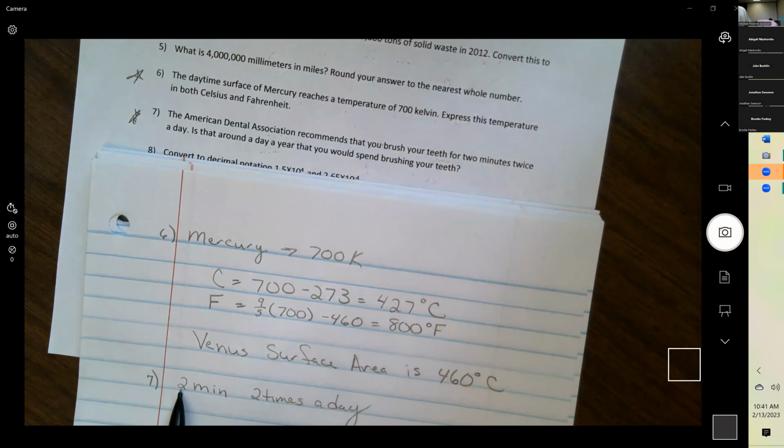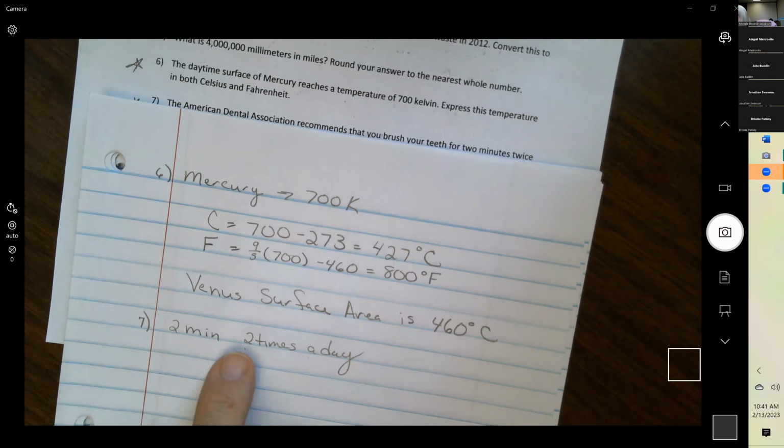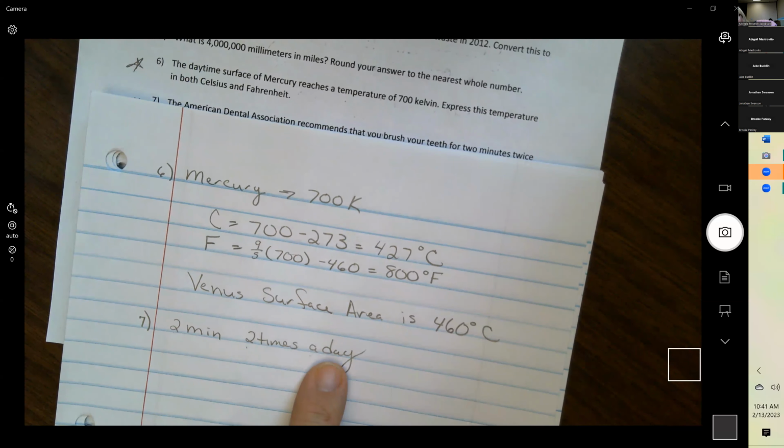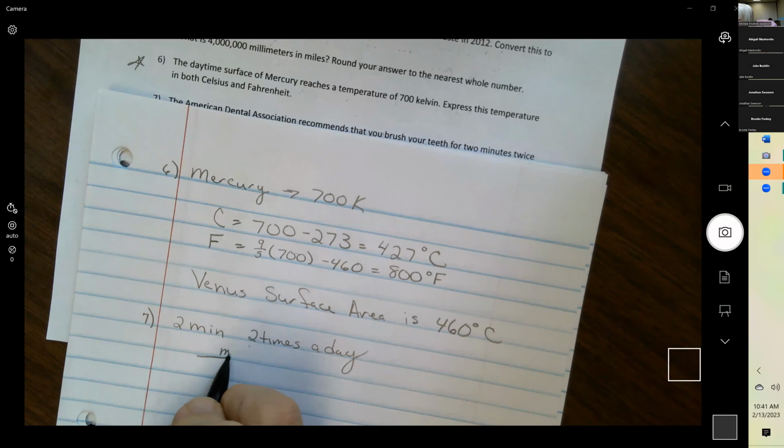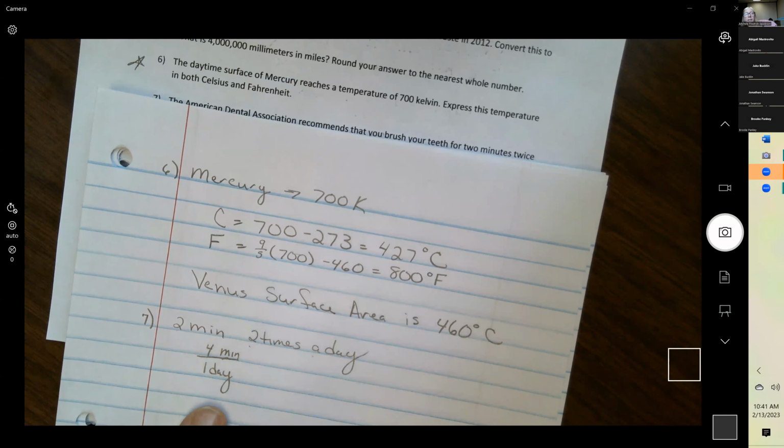So I would start with 2 minutes 2 times a day, get it to a year and see how much I'm spending. So if I do 2 minutes twice a day, how many minutes am I doing in a day? 4. So I'm doing 4 minutes in one day.